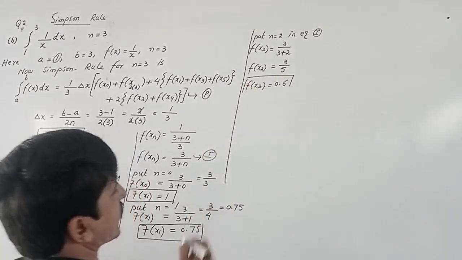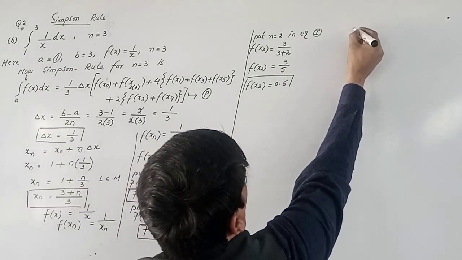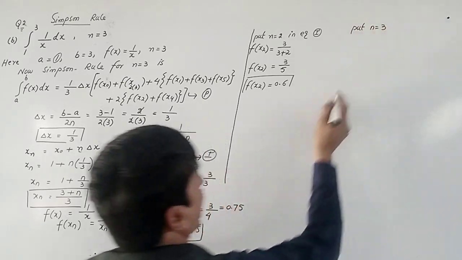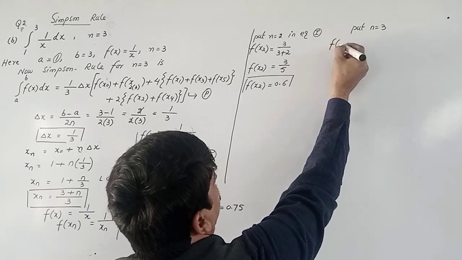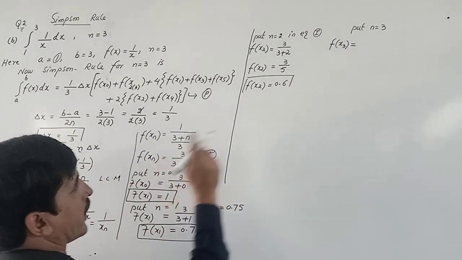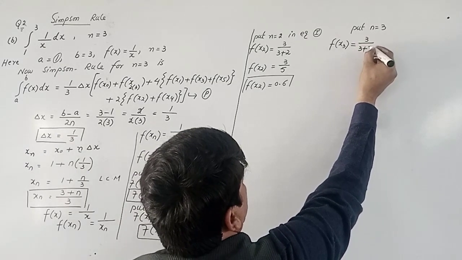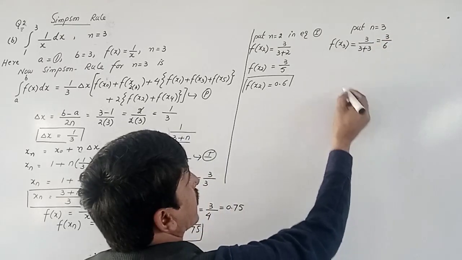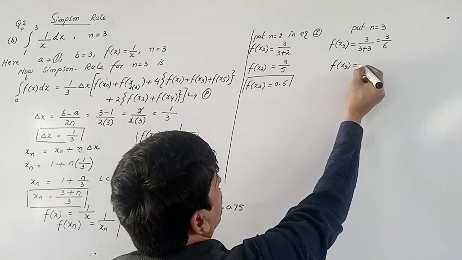Now put n is equal to 3 in equation 1, so we get f of x3 is equal to 3 divided by 3 plus 3, which is equal to 3 divided by 6. So f of x3 is equal to 0.5.